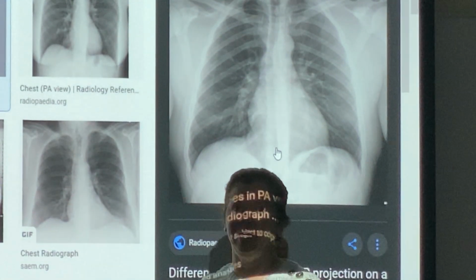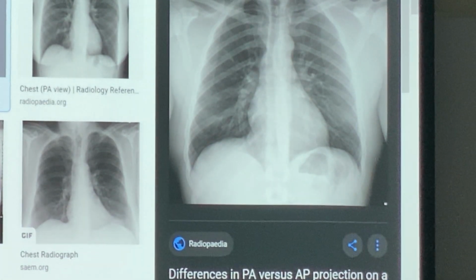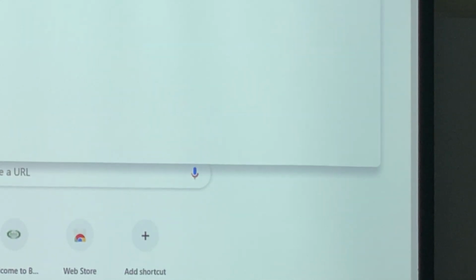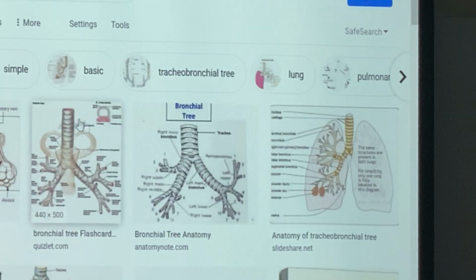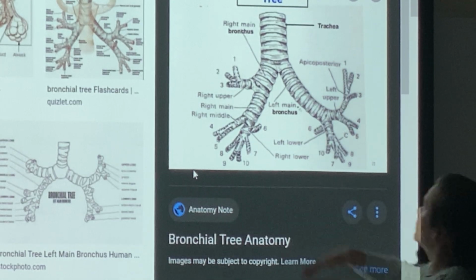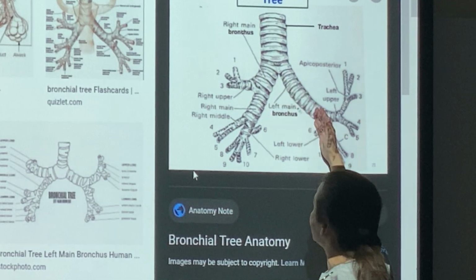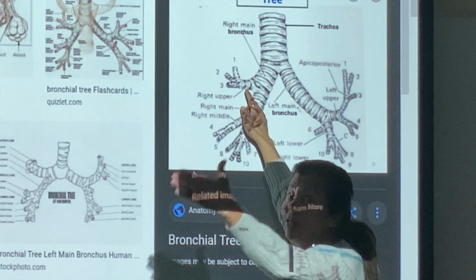That is no more than, if you remember the anatomy of the bronchial tree, you have the trachea, the main, you have the right, the left, but you also have the bronchi and the bronchioles and the alveoli.